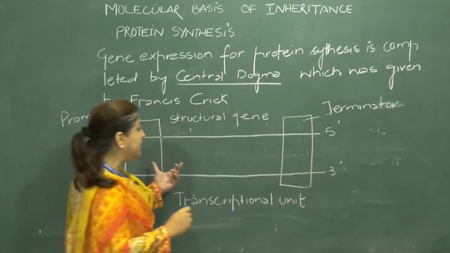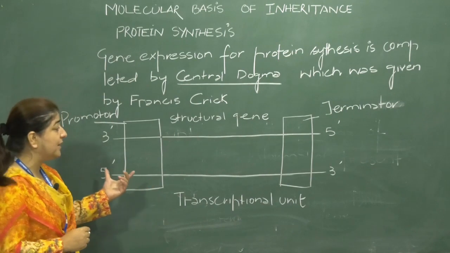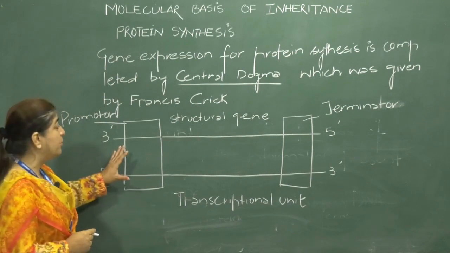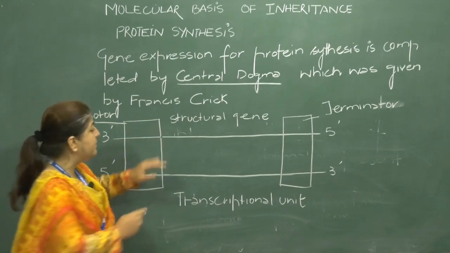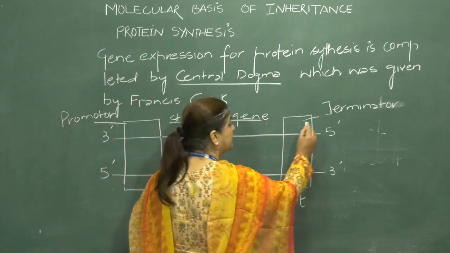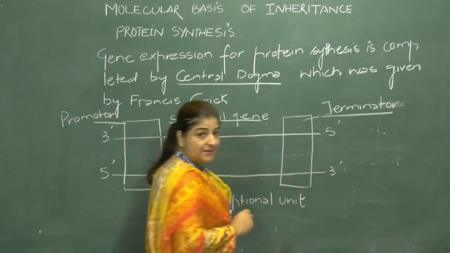So this transcriptional unit is composed of 3 parts: the first part is the promoter, the second part is the structural gene, and the third part is the terminator.